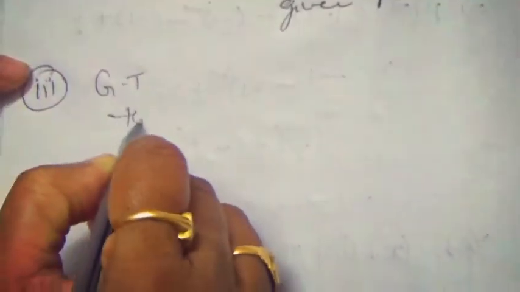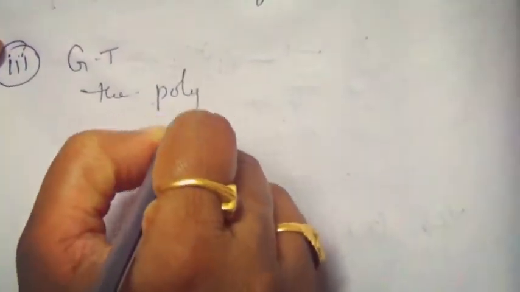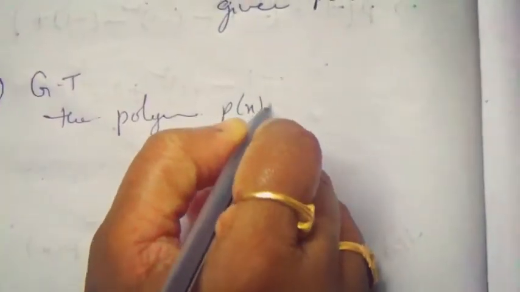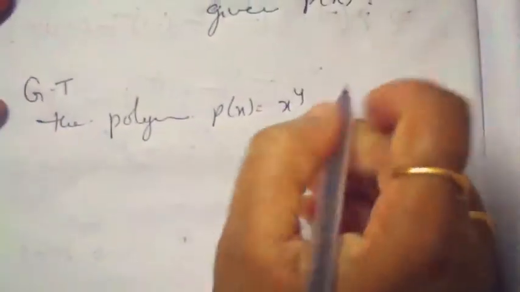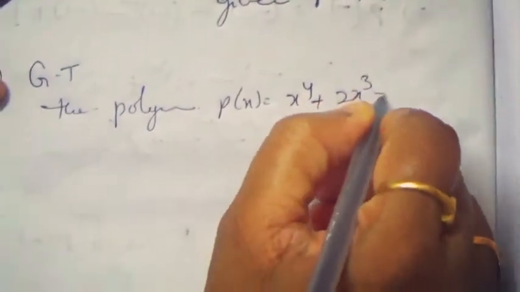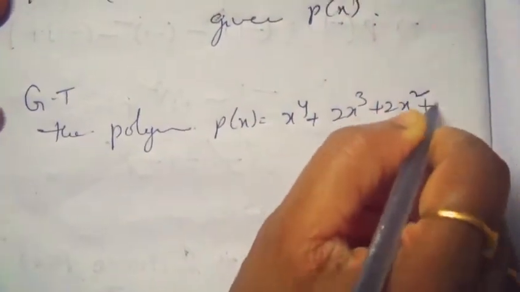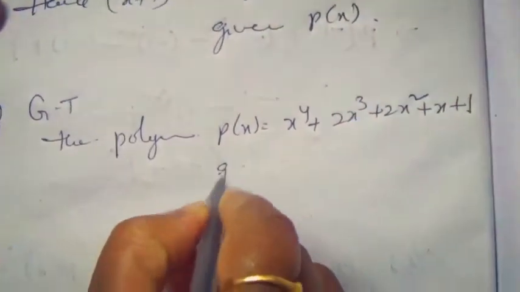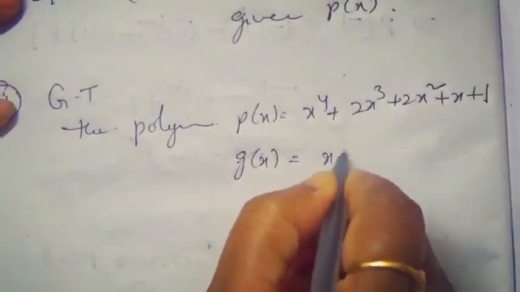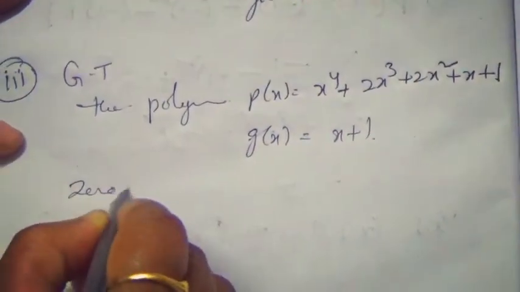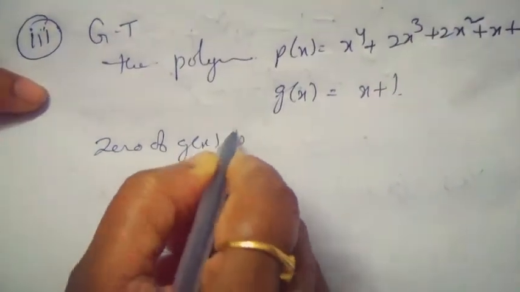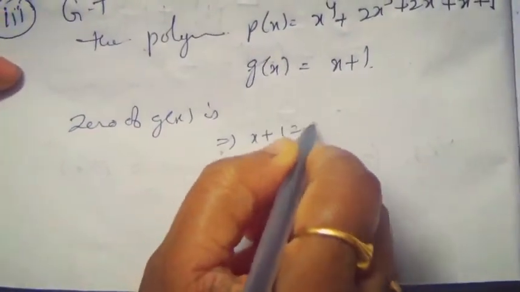For the third, given that the polynomial p of x is equal to x to the power of 4 plus 2x cube plus 2x square plus x plus 1. G of x is the same, no? That is x plus 1. So the zero of g of x is, that implies x plus 1 is equal to 0.